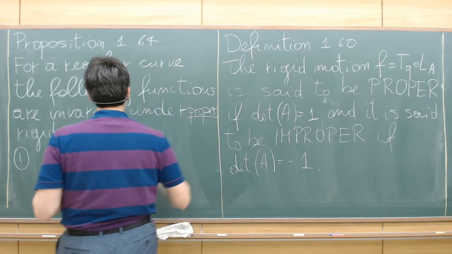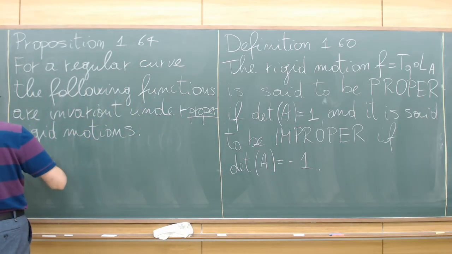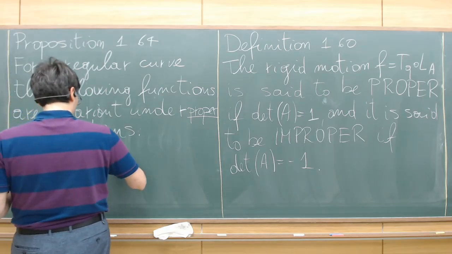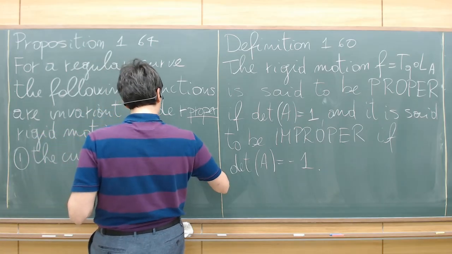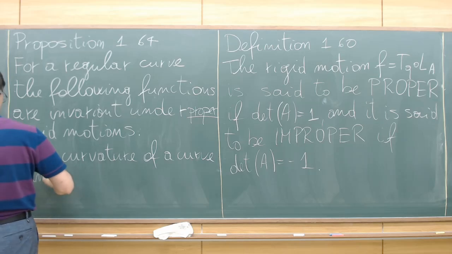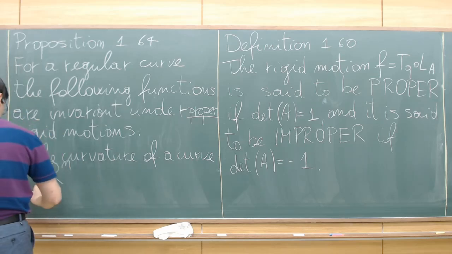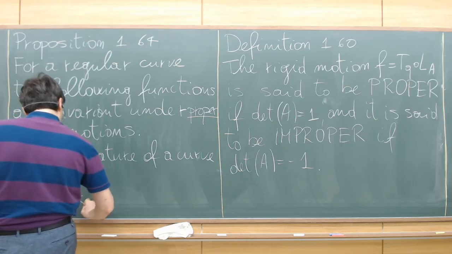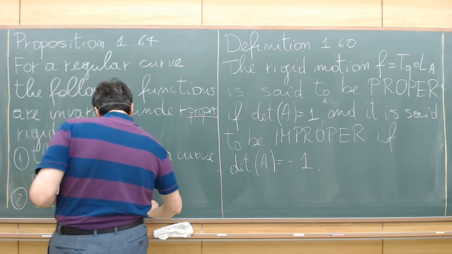This is important. 1. The curvature of a curve in Rn. 2. The torsion of a space curve.